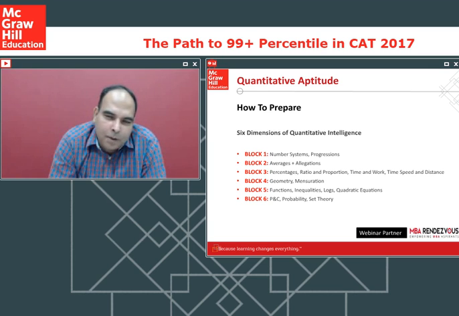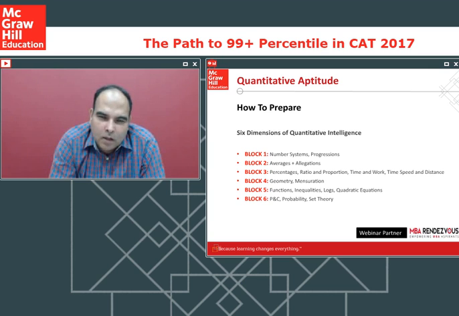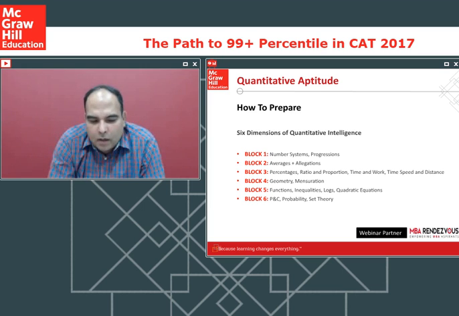The difference between a 100 percentiler and a 70 percentiler is that the 100 percentiler knows how to listen to the question, and the 70 percentiler does not know how to listen to it. Logs, Karthik, maybe 1 or 2 questions at max. So a 70 percentiler would not know how to react or would not be able to listen to it.